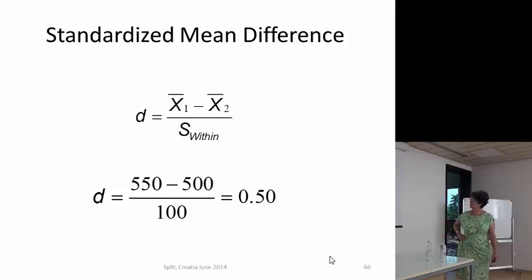So in that case, we want to standardize, and essentially we standardize the mean difference by dividing it by the pooled within-group standard deviation.